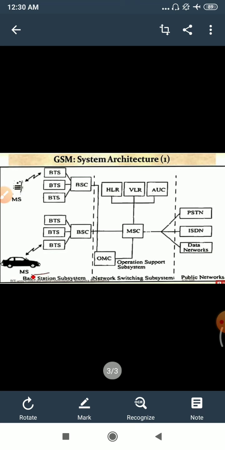Along with that, it will perform some more functions such as maintenance of the call. It will look after the quality of the call, that is, monitoring the quality. Again, it will control the power transmitted by the BTS and the mobile station, and it will look after the handovers.